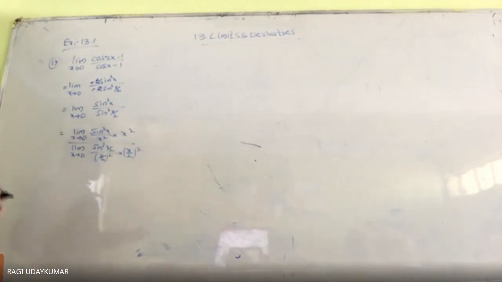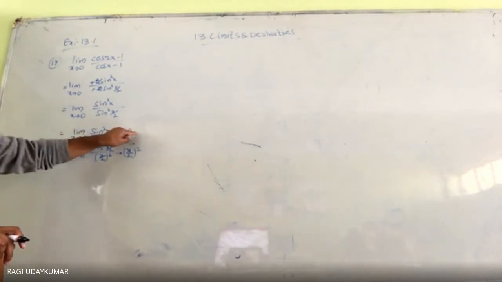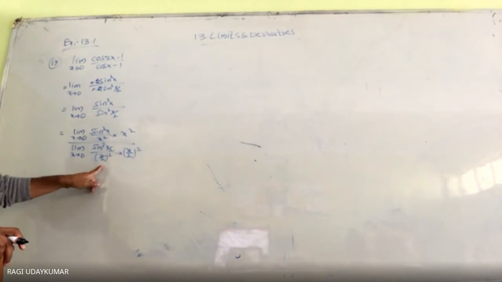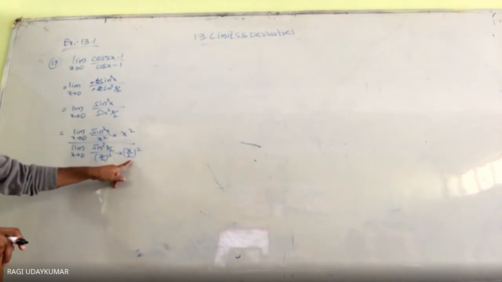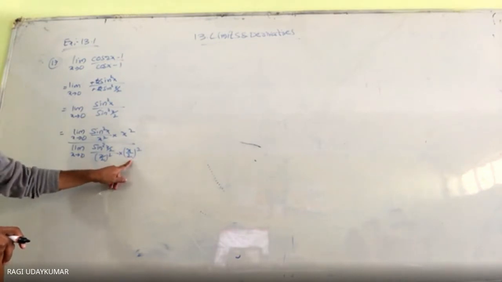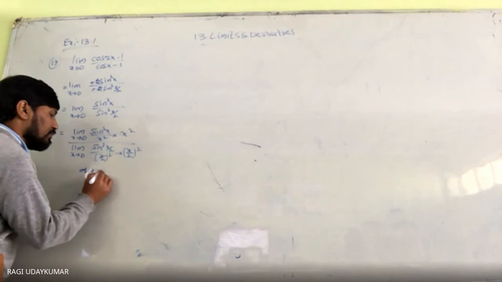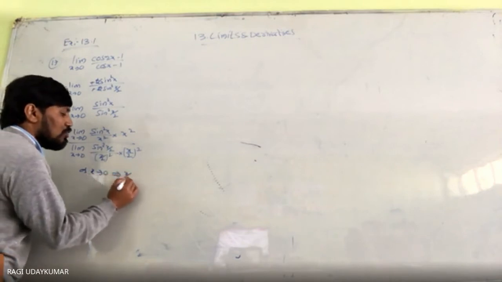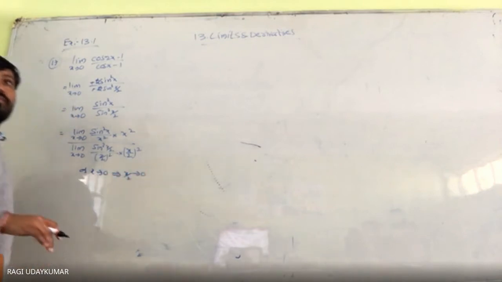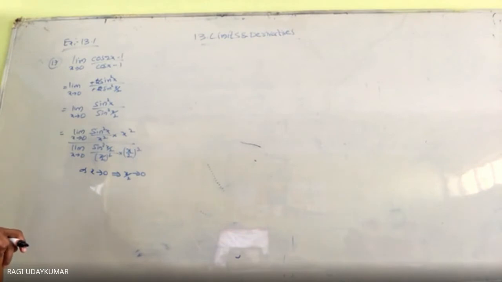We multiply and divide because we need the sin x by x form. As x tends to 0, x by 2 also tends to 0.